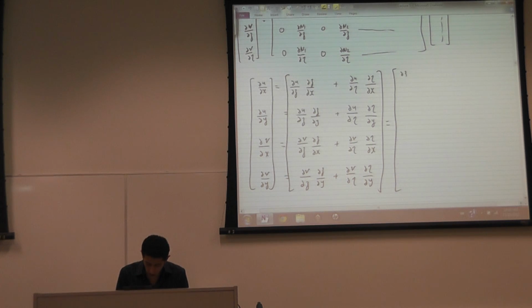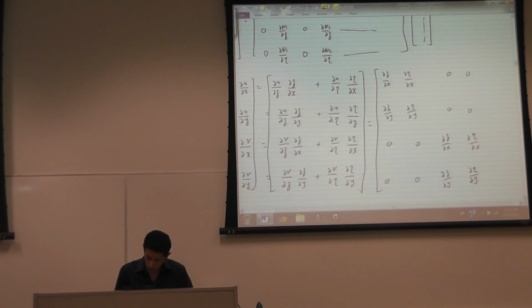I'm going to take here partial xi by partial x, partial eta by partial x, 0, 0, partial xi by partial y, partial eta by partial y, 0, 0, partial xi by partial x, partial eta by partial x, partial xi by partial y, partial eta by partial y, multiplied by this vector: partial u by partial xi, partial u by partial eta, partial v by partial xi, partial v by partial eta.